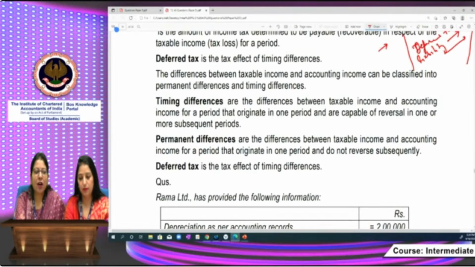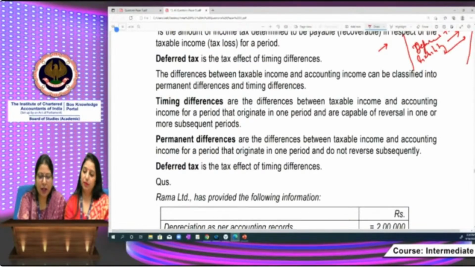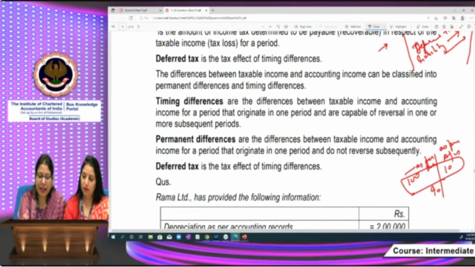And why is deferred tax created? What is the concept of deferred tax? Deferred tax is only the tax effect of timing differences. Suppose in that particular case where we referred to a difference of 100, the depreciation as per tax was 100 and as per accounts our depreciation was 10 only. So there is a difference of rupees 90.